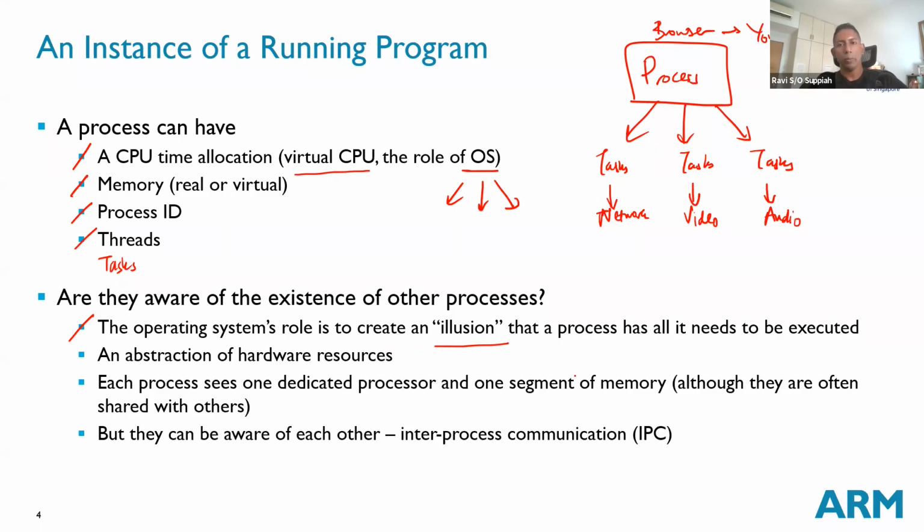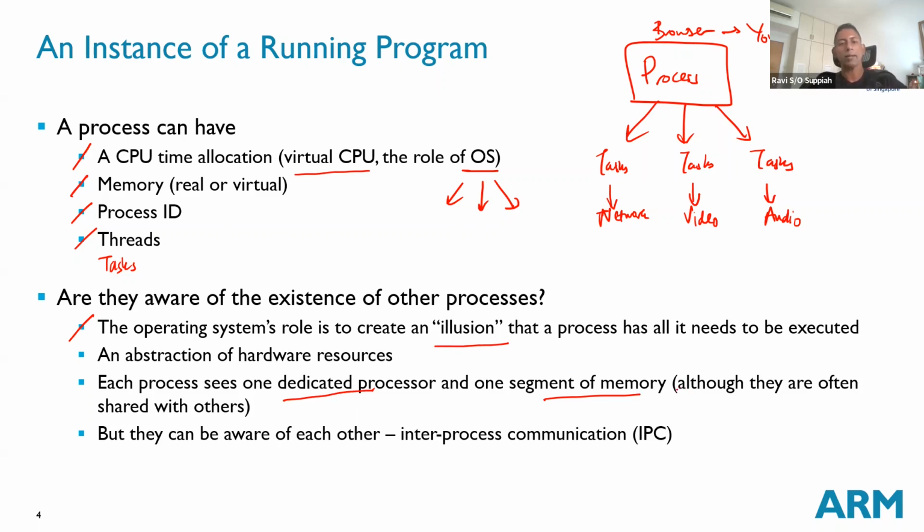When you launch a process, as far as the process is concerned, it is able to fully use the CPU and the resources and do whatever it needs to do. So it sees a dedicated processor and some allocated memory that it can use.